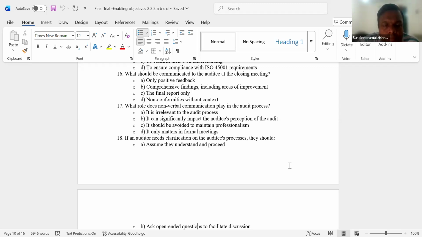Harish, you agree? Sixteenth one, Srikanth, sir. Yeah, I'm here, sir. But non-verbal communication, how is it possible, sir? When the auditor is asking something, then the auditee should respond. It can significantly impact the auditor's perception of the audit. Means the auditee is not ready or is not willing to give answers. Then we can think.